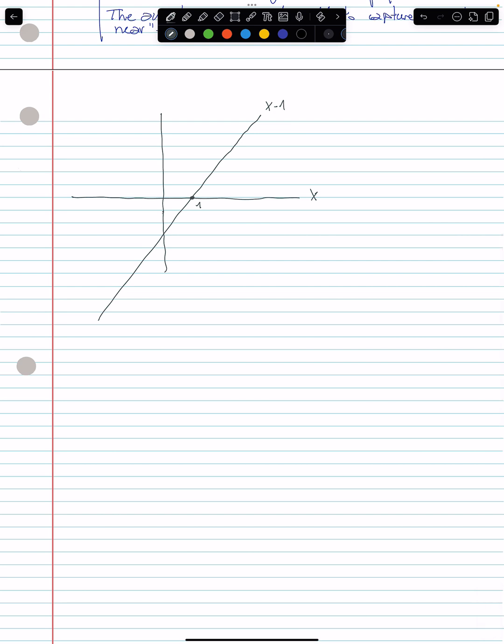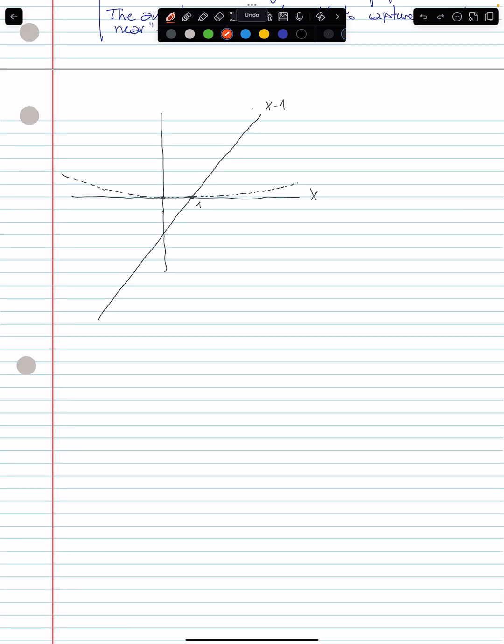So epsilon times x squared is a very flat parabola passing through 0 at this point, meaning that we have something that looks like this. And that's the first root we have.